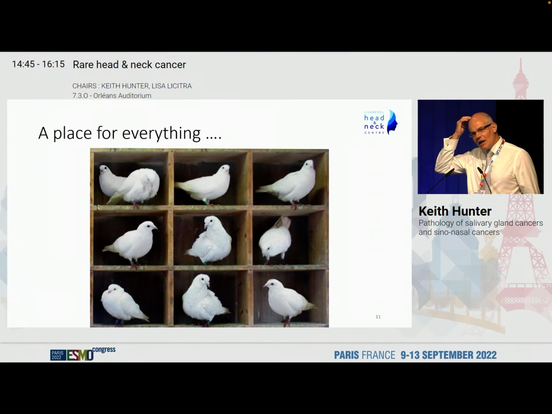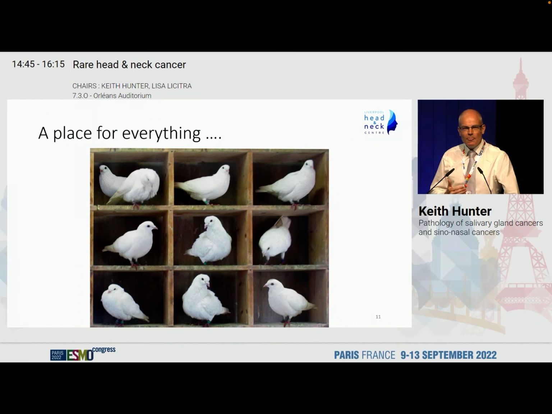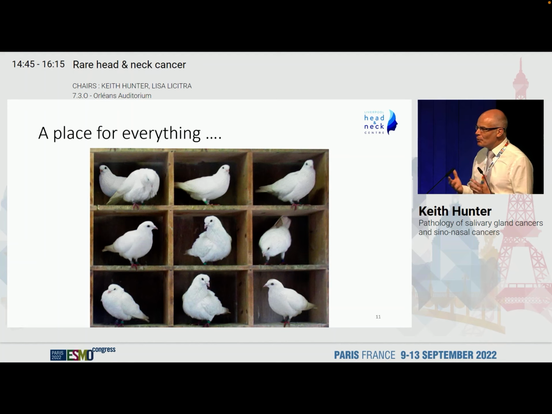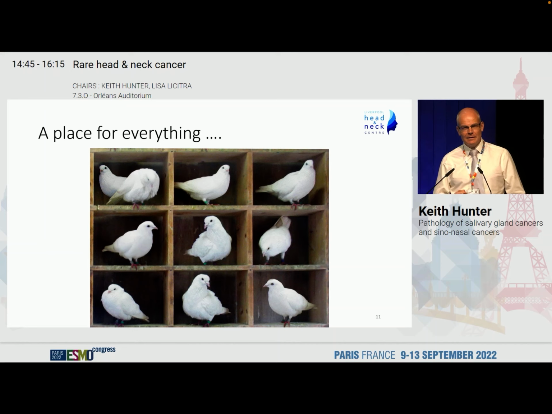And there's a really nice example which has become resolved, I suppose, over the last decade or so. Certainly when I was coming through training, we knew that there was a group of acinic cell carcinomas which were relatively granule poor, but we couldn't think of anywhere else to put them other than pushing them into the acinic cell carcinoma category. But now we have had the expansion in molecular diagnostics. We know that, in fact, those granule-poor acinic cell carcinomas, which never really quite fitted anyway, with the benefit of hindsight, are actually secretory carcinomas.